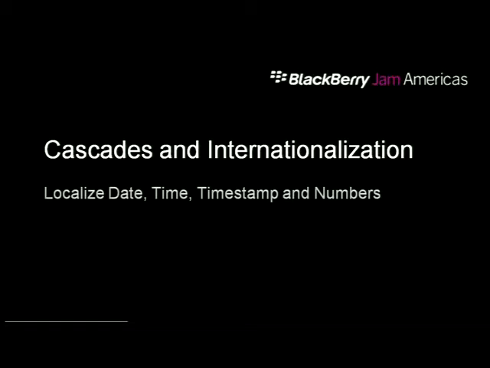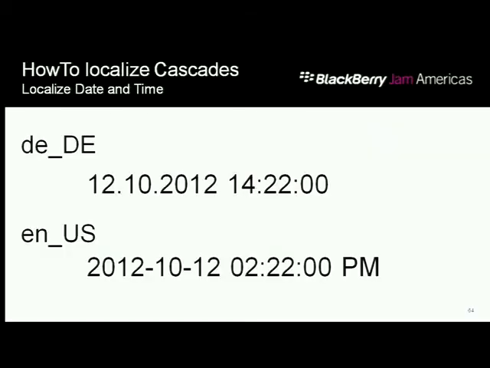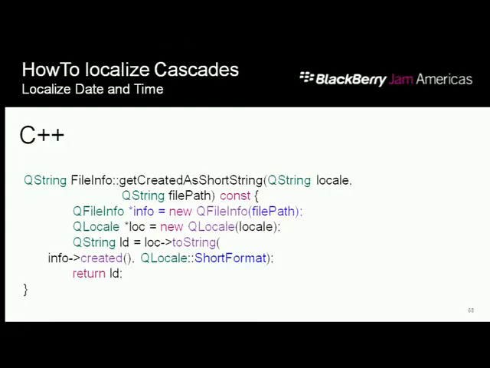There are some other things you have to think about. What about dates, time, timestamp, and numbers? You see they are different. Here's German and English, how you write a timestamp. You have support in C++, and you can use QLocale, and QLocale gives you a short format for a date, and this transforms your date into a localized date depending on the current locale.